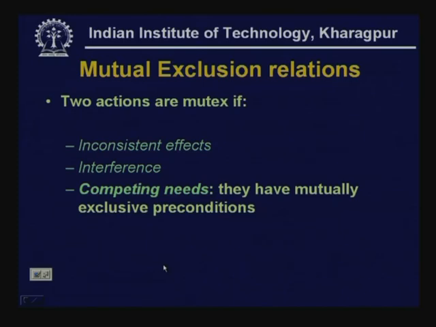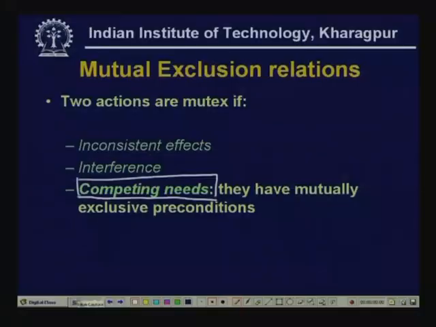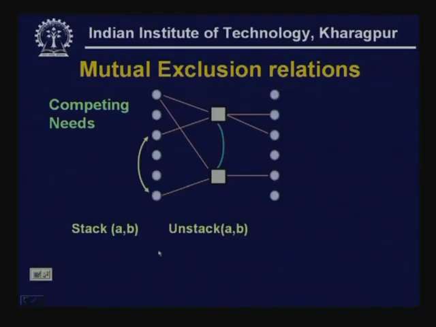Thirdly, two actions are mutex under the condition of competing needs. That is, if these actions have mutually exclusive preconditions. If the preconditions cannot occur together, then at the next stage we cannot have those two actions together. This is illustrated by the following diagram.